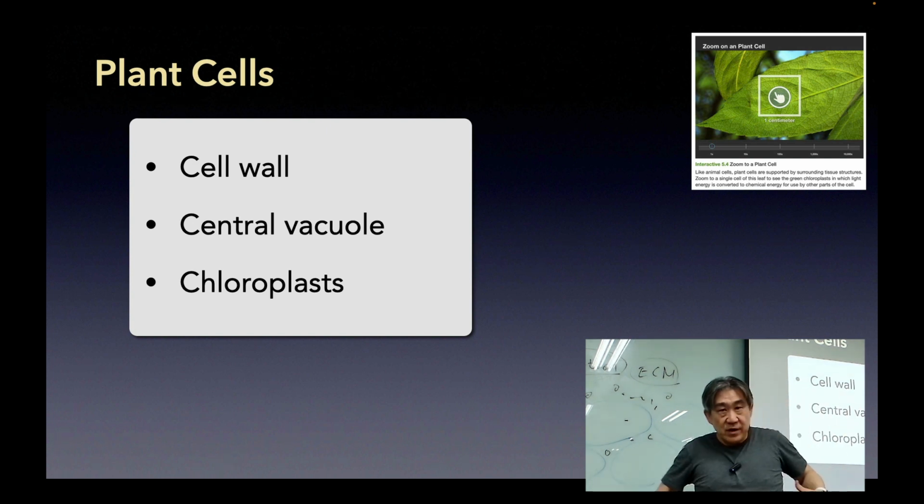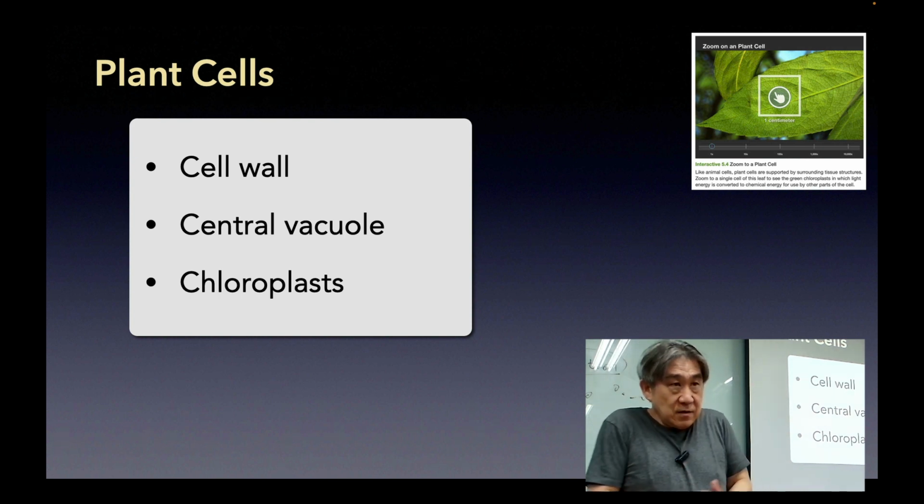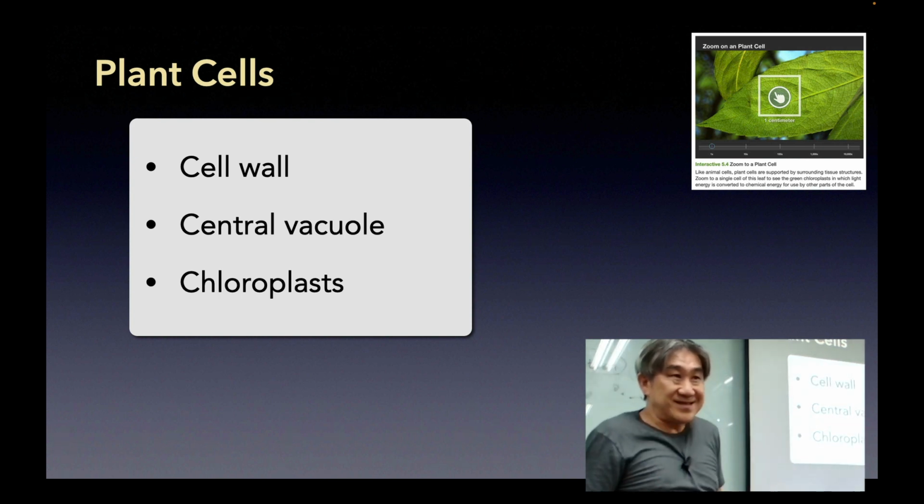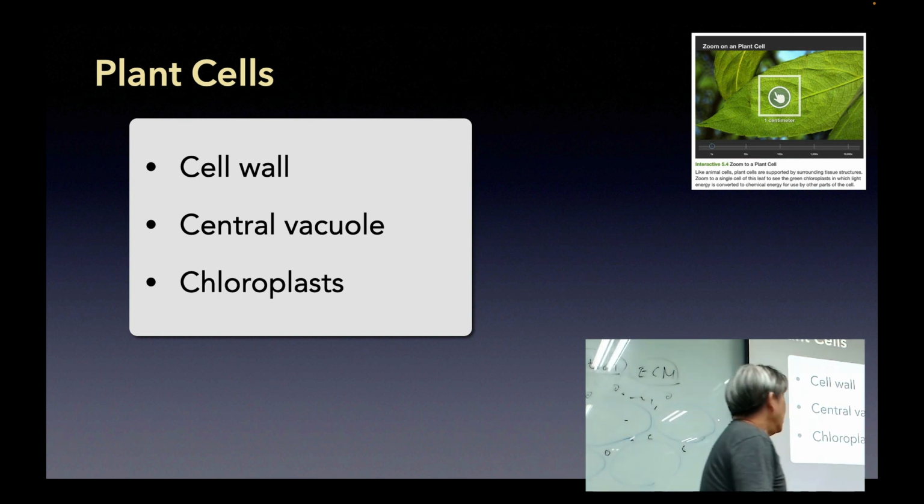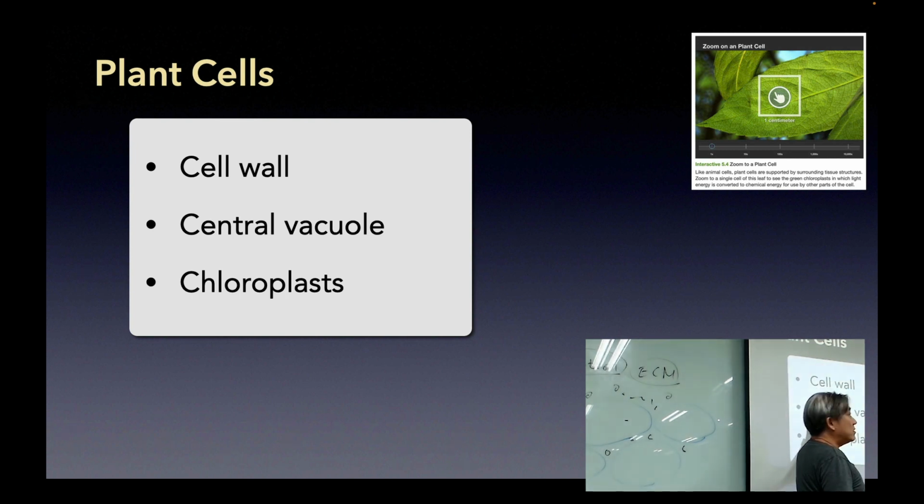So the central vacuole is an internal sac-like structure, which in animal cells we don't really see as this big central so-called vacuole. Vacuole is a big empty sac. We call it a vacuole.